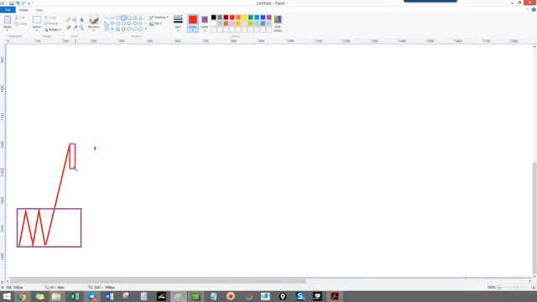And then you have something like this. This is not a structure breaker, because it happened at the second phase. This is the second phase. This is not a structure breaker.